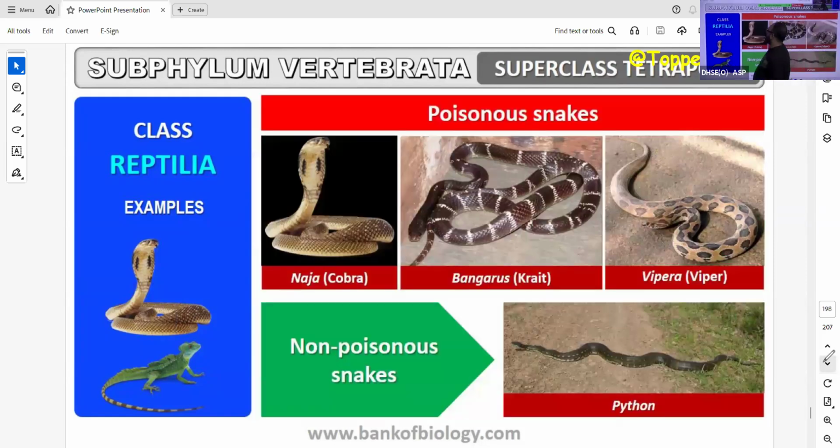Then look at it. Poisonous snakes: Naja, common krait or the banded krait, Bungarus, then the Vipera russelii, Russell's viper.